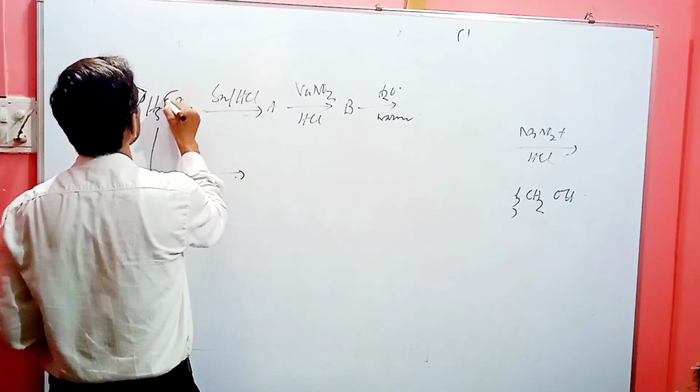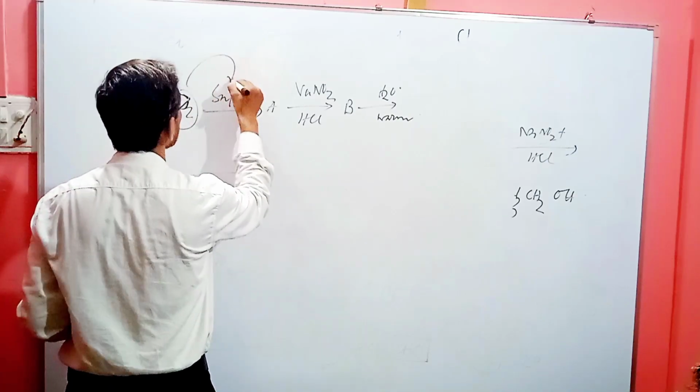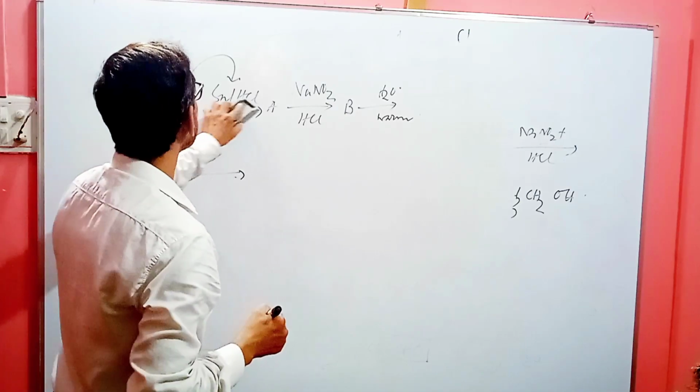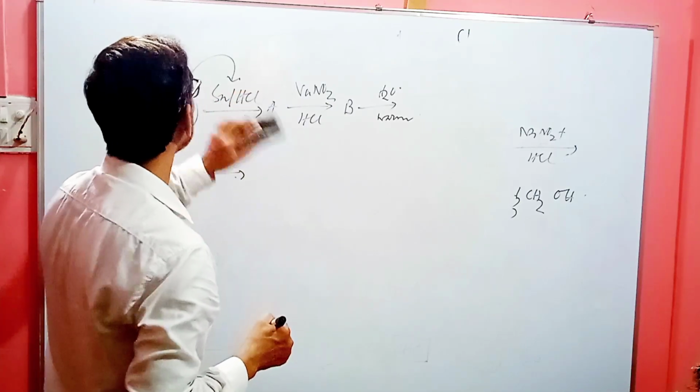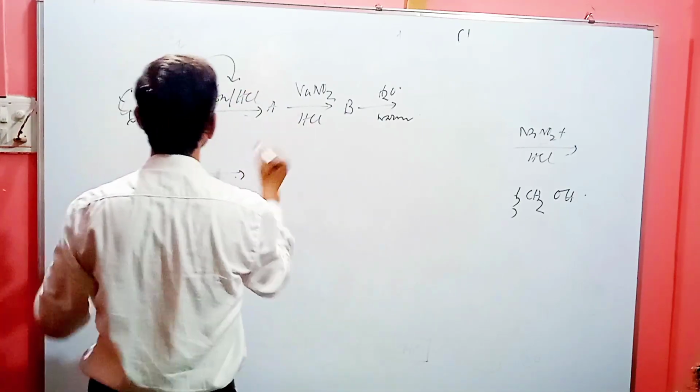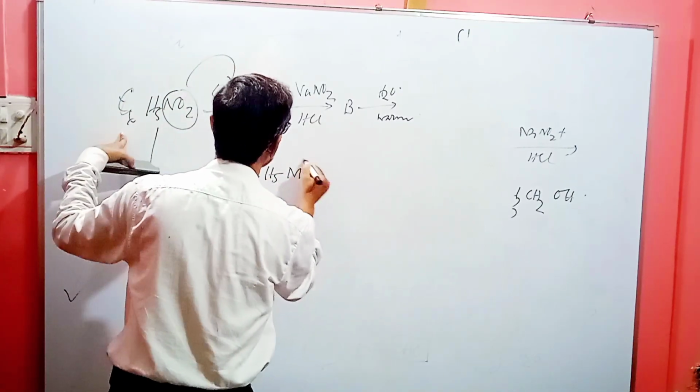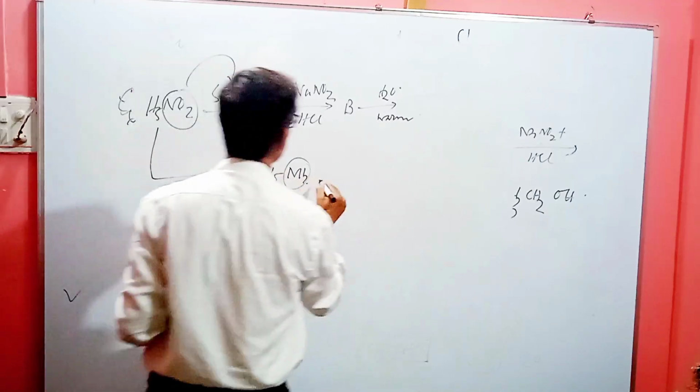So the nitro group, at the very beginning of today's class I gave you Sn/HCl and Fe/HCl. Both are reducing agents. So nitro becomes NH2, C6H5NH2.